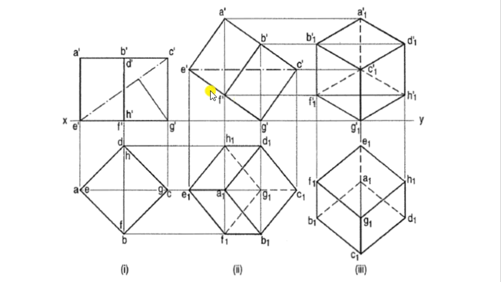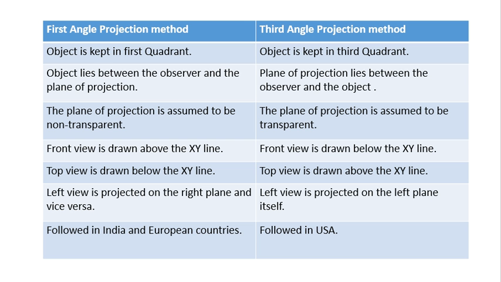And finally, at the right bottom corner, you will get the isometric view of the cube. Let us now discuss the difference in projection methods of orthographic projection. There are two basic methods: first angle projection method and third angle projection method. In first angle projection method, the object is kept in the first quadrant. Before that you should understand what a quadrant is.